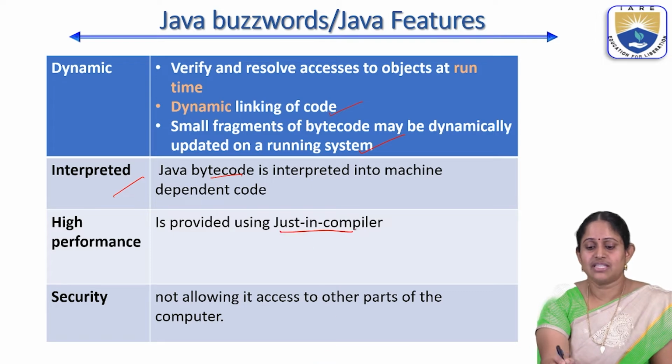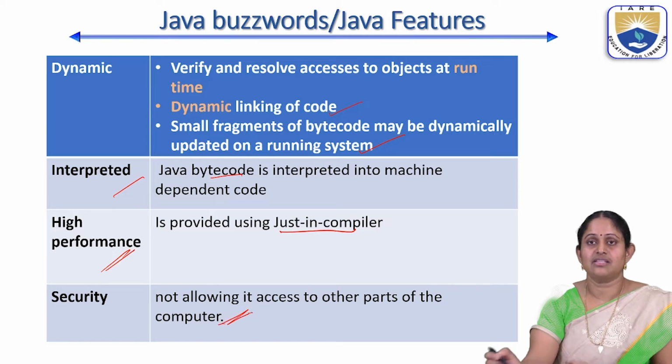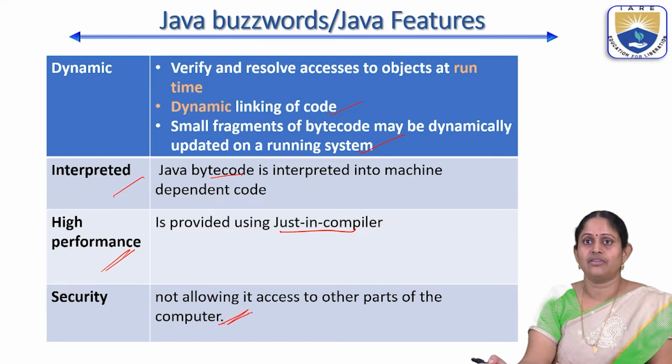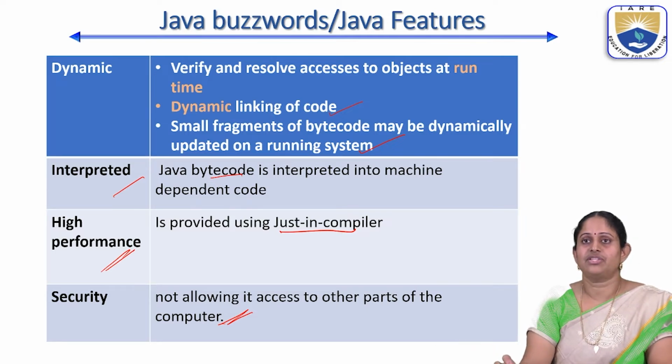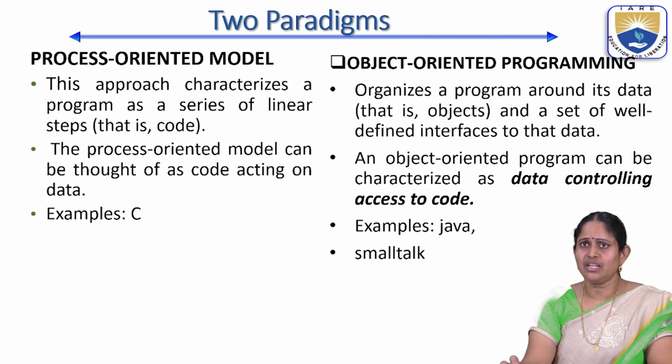The use of the just-in-time compiler makes it highly performing, and there are various security features which disable access to certain parts of the program and also certain parts of the computer. So these were the various features of Java. Now let's look into the two programming paradigms.